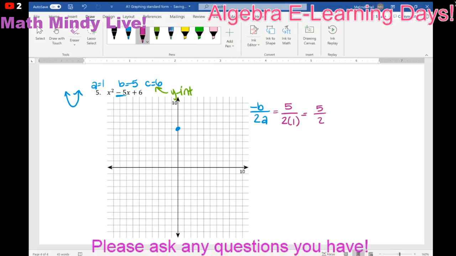So then 5 over 2, that would be 2.5, I think. Let me double check. Yep. And so then on your graph, that would just give you your actual axis of symmetry, not approximate.